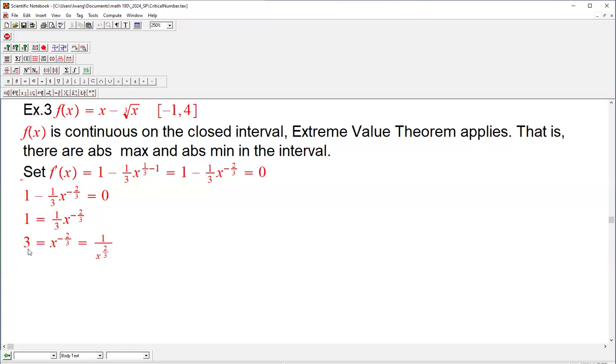All right. So then you take this piece and multiply by 3. So you have 3 times x raised to the power of 2/3 equals 1. Then we can just divide both sides by 3, and we get x to the power 2/3 equals 1/3.